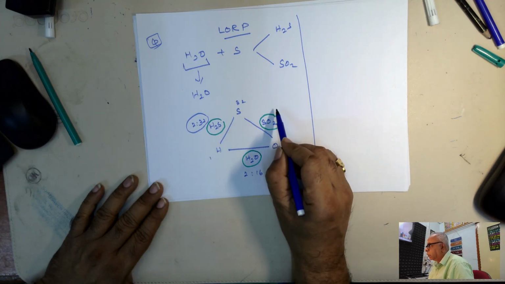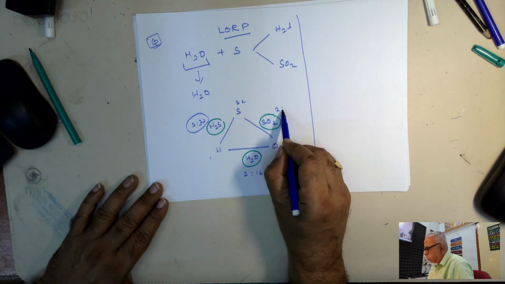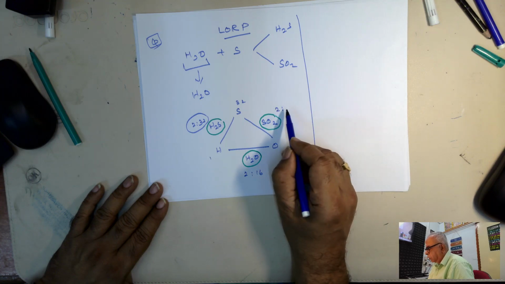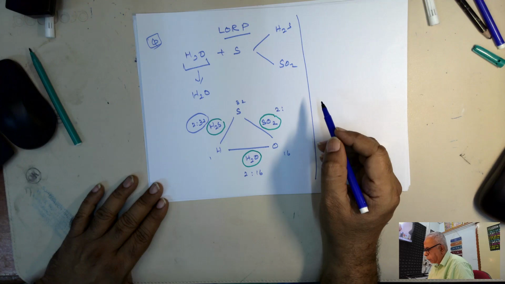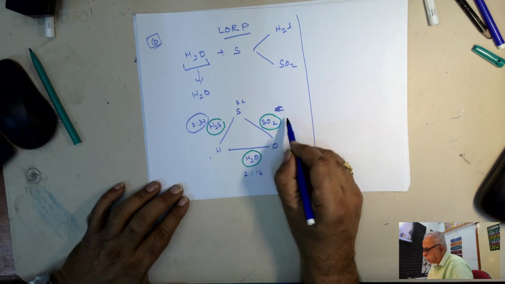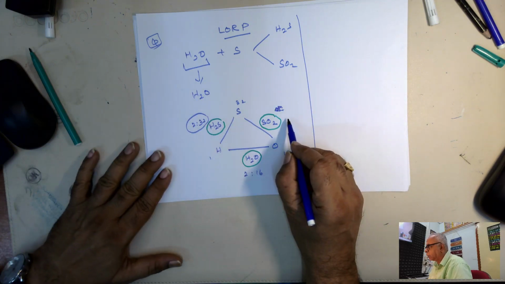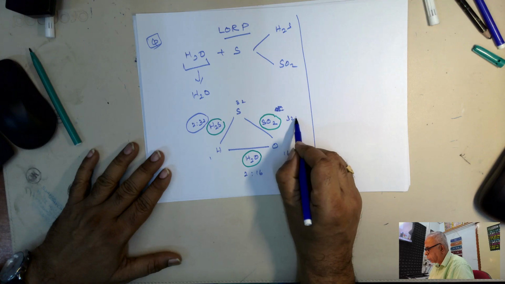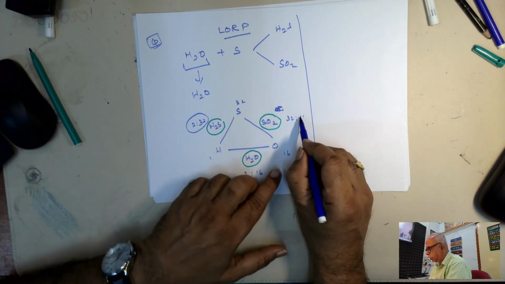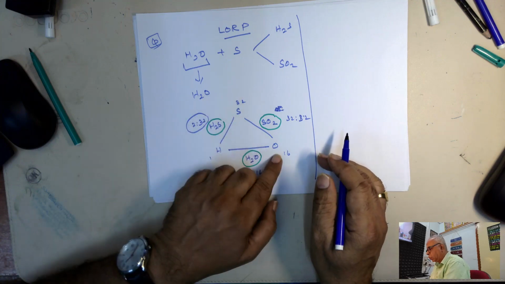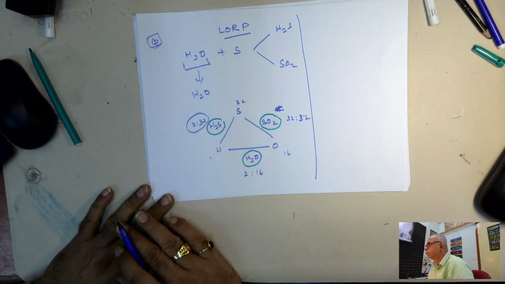Sulfur dioxide. So 2 is to 16 once again. Is it not? 16 is to, you can put 16. So sulfur dioxide, SO2. So 32 is to 16. Correct. SO2, 32.